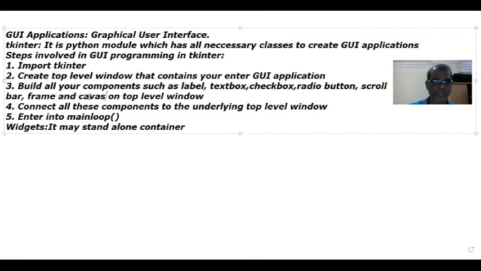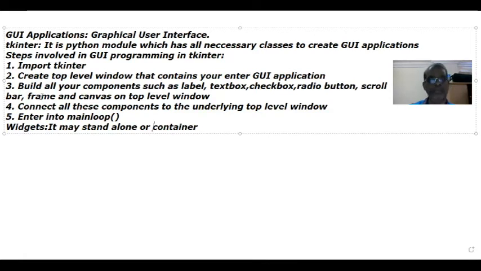These are containers. It may be a standalone or container. So above the top level window, we can place directly label, text box, checkbox, radio button, scroll bar, frame as well as canvas.